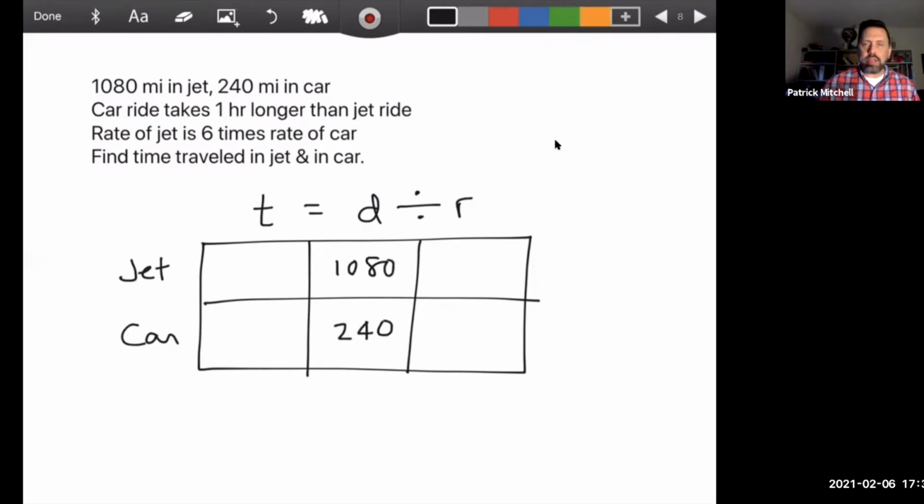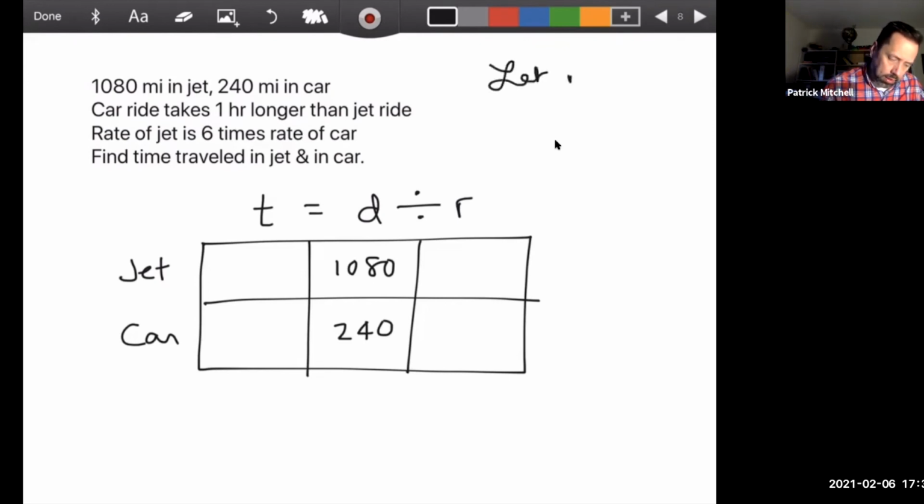All right, so now I need something to write in the R column. Notice on that 3rd line there, it says the rate of the jet is 6 times the rate of the car. So I'm going to use R to stand for one of those rates. I want you to try to guess which one R is going to stand for. Is it going to stand for the jet or the car? What do you think makes more sense?